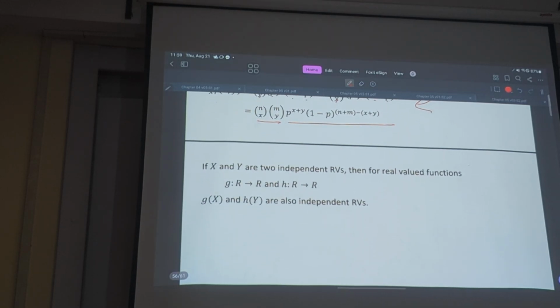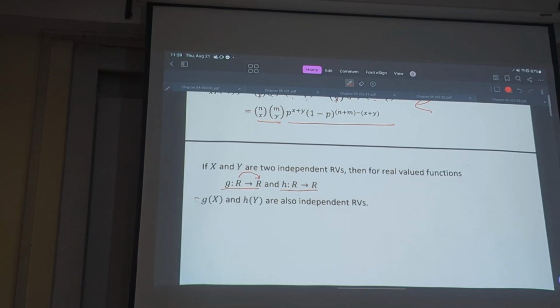If x and y are two independent random variables, then for real valued functions, then for real valued function, value is what? The value of the random variable is converted into another value. So we have actually two random variables.